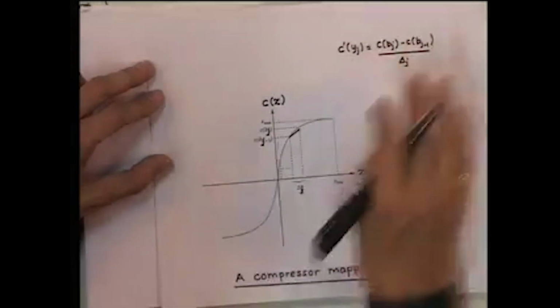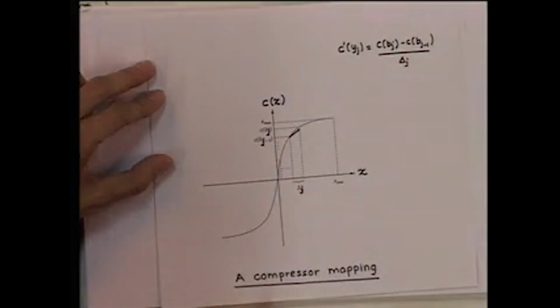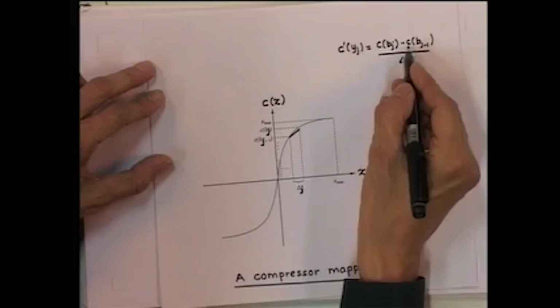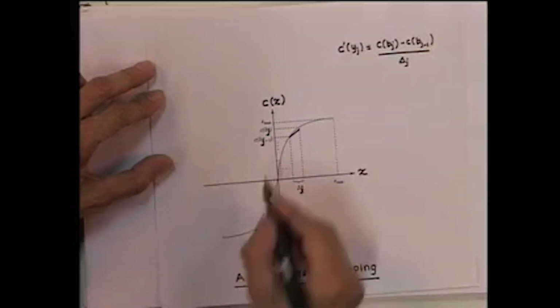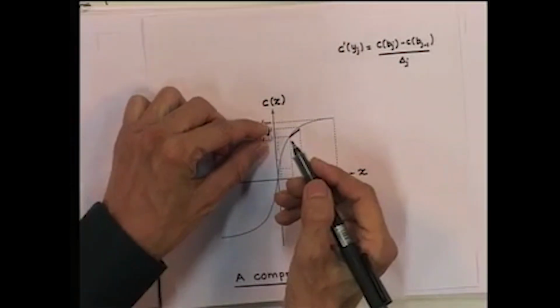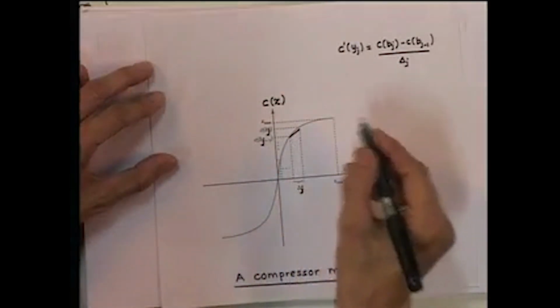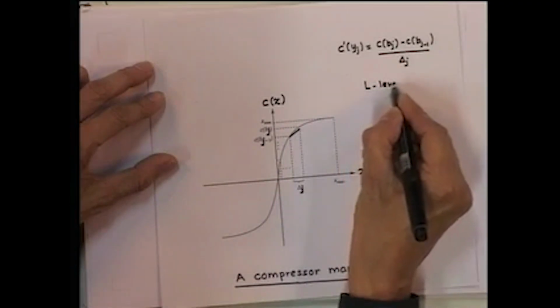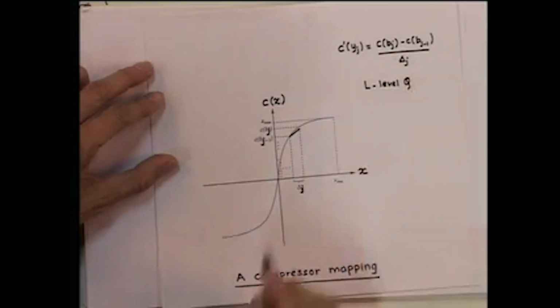This is an approximation of the derivative, and from this figure we also see that C b j minus C b j minus 1, this difference is the step size of a uniform L level quantizer.